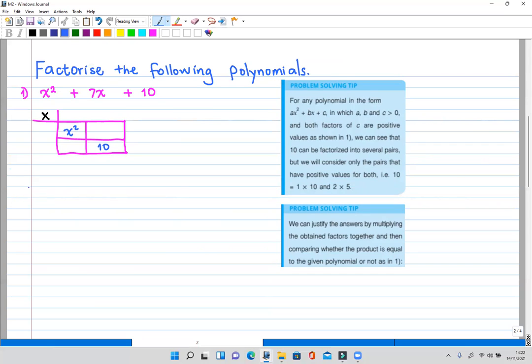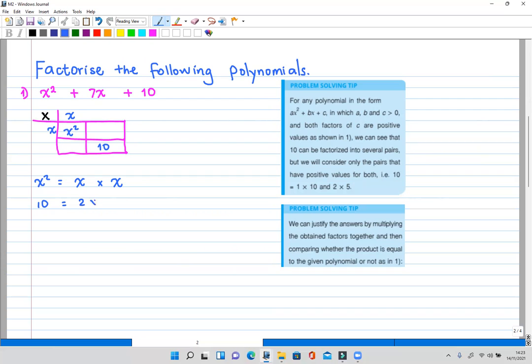Now, we know that x squared is equal to x times x. So we write here x times x. Now, we know that 10 is equal to, note one thing, this 7 is positive. So since it is positive, we don't need the negatives.